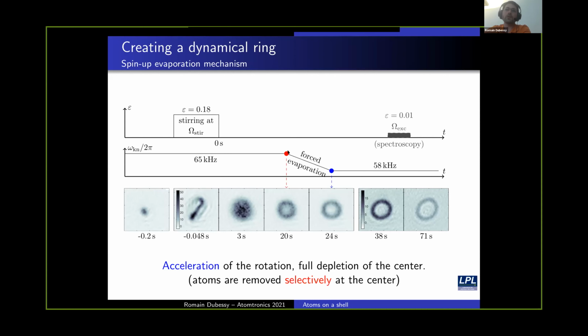And if we lower our RF knife, meaning we lower the temperature of the system, so we perform forced evaporation, we see that the hole increases in size, and that therefore the rotation gets faster. And this acceleration of rotation, we explain by a selective radio frequency evaporation, because atoms are removed selectively near the center of the trap.